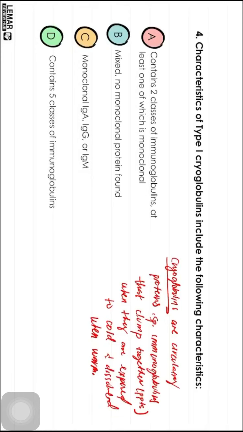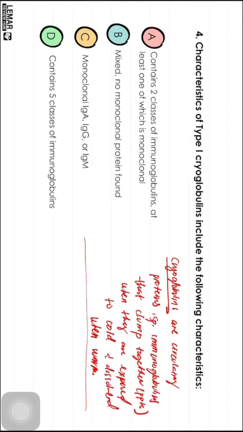Question, bakit ba kapag nag-precipitate ang cryoglobulin, what can it cause to the body? So precipitated cryoglobulins can slow the flow of blood, and this can block small blood vessels.